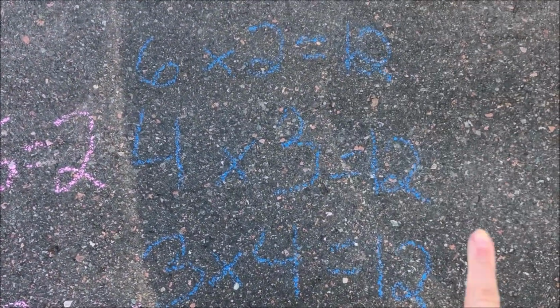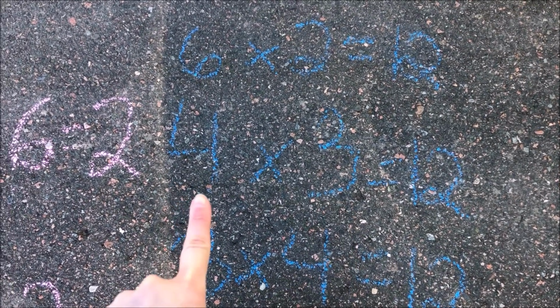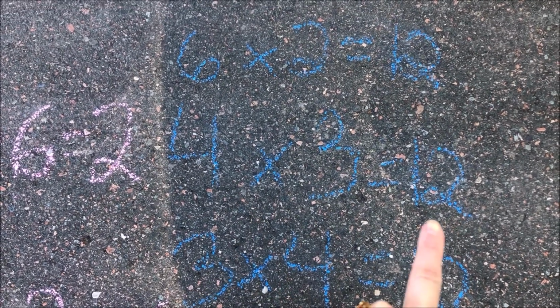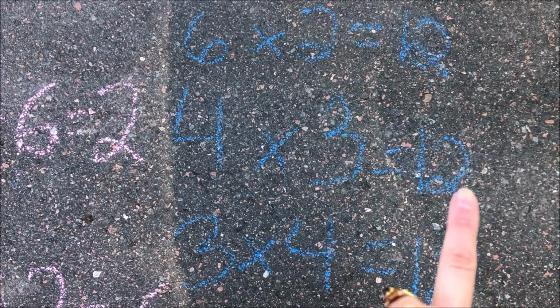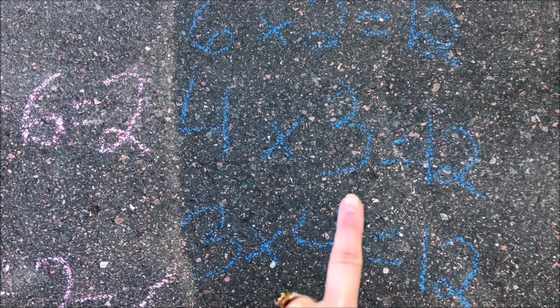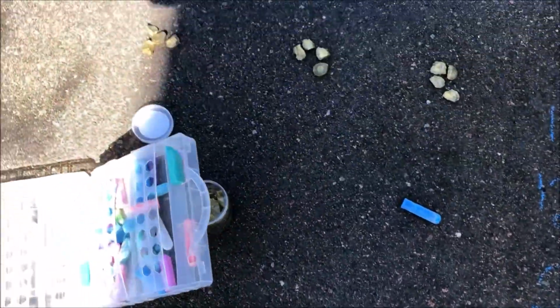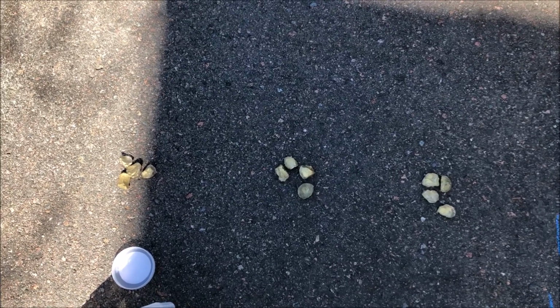So if we look back at this, I had 12 things. I divided them into 3 groups, and it gave me 4 things in each group. So if I know that 4 times 3 equals 12, I know that 12 divided by 3 equals 4. I also know that 12 divided by 4 would equal 3. But let's test it just to make sure. We've already proven that 12 divided by 3 equals 4.